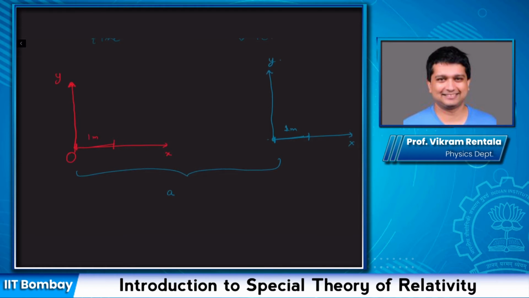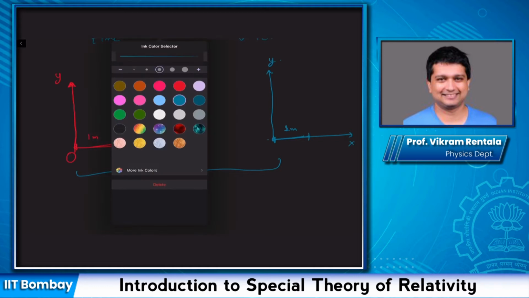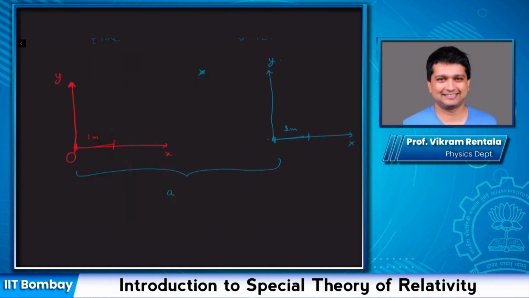Okay, and now they want to describe the position of a particular particle. So they want to describe the position of this particle, let's say over here. So what would observer 1 do? Observer 1 would say that with respect to my origin, this is the vector that describes the coordinate of this particle.